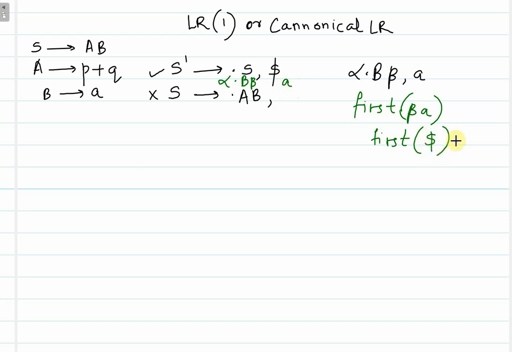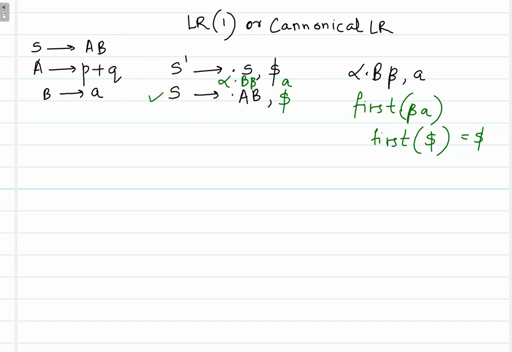So first of $ is $, which will come as the lookahead symbol for this production. Once you enter the lookahead symbol, you can erase the tick mark and cross mark, and then consider the next production.